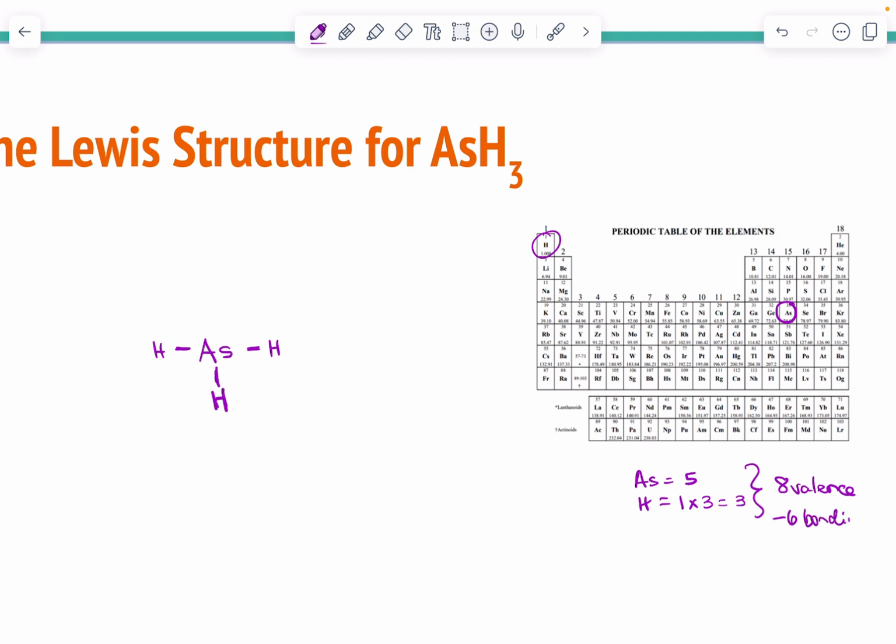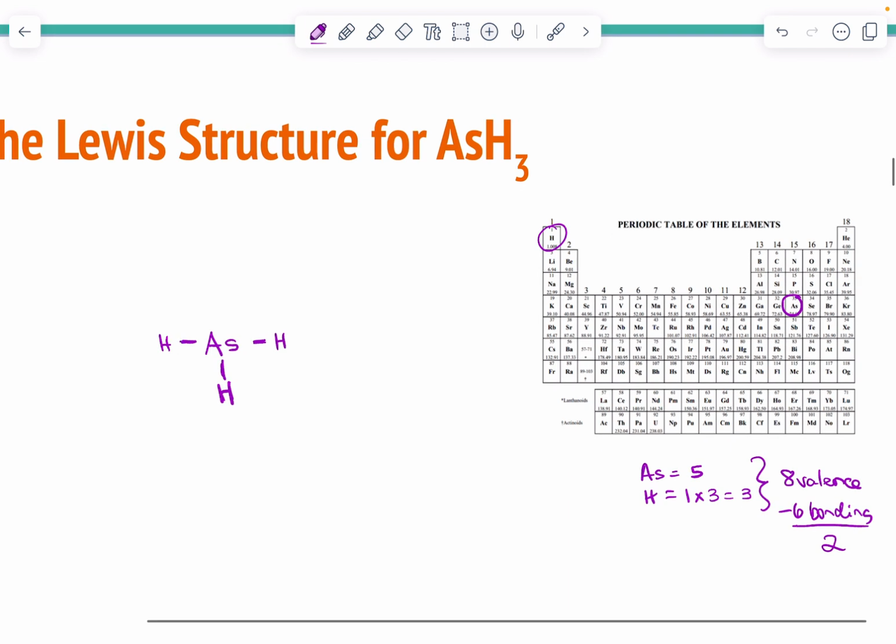I've used 6 electrons for bonding, which means I have 2 left over. That's how many electrons I have in order to satisfy octets. Remember that hydrogen is satisfied with just that bond that it has. And so the only atom that still needs electrons is arsenic. So we're going to put those extra 2 electrons on arsenic.